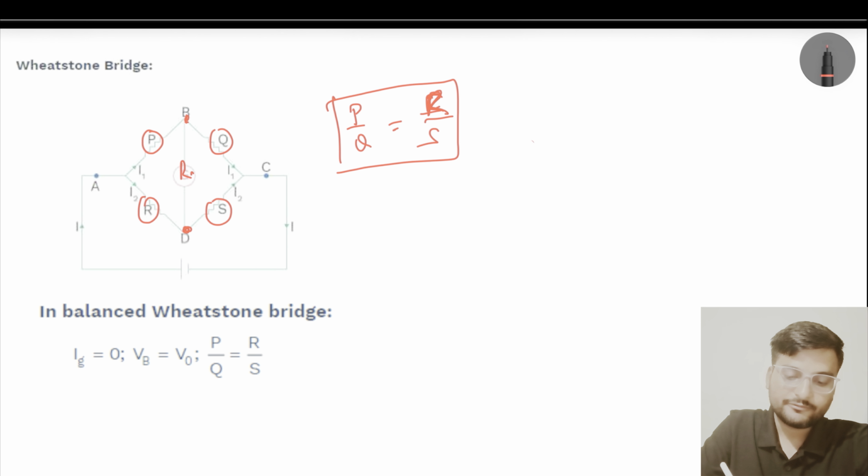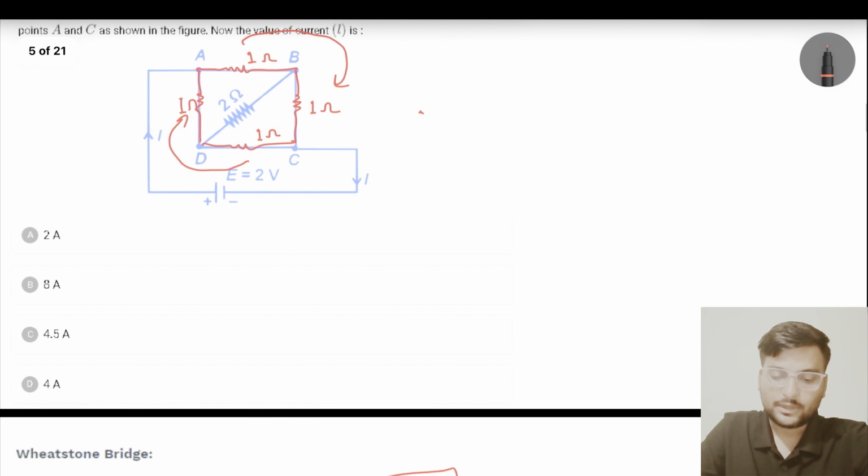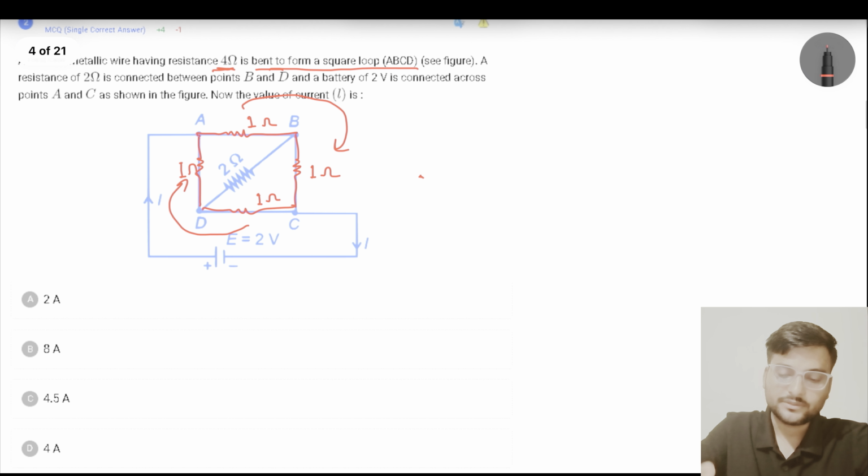So this R5 resistance will be removed, because the current in this R5 is 0. Why 0? Because the potential difference here is 0, since VB minus VD is equal to 0. So the current in this path becomes 0. According to this, we are saying that this is a Wheatstone bridge.